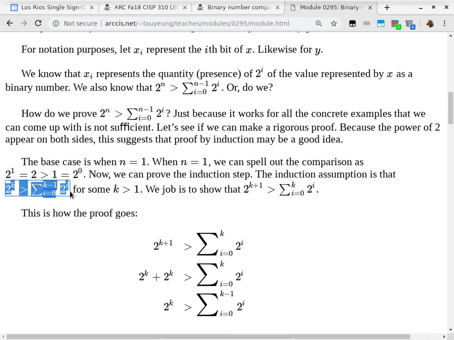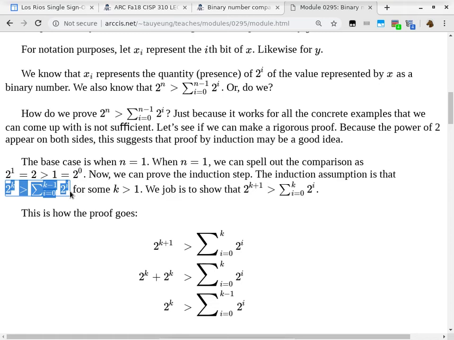So in this case, I'm using k as a symbol to say that we assume the theorem is true when n equals k, and therefore 2 to the power of k is greater than the sigma of i going from 0 to k minus 1, 2 to the power of i. It's an assumption. I don't even care about the actual value of k. I'm just saying that there is a value of k that is at least 1 where I can prove that the theorem is true when n equals k.